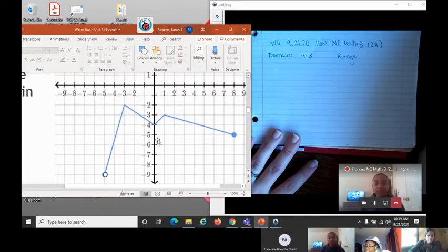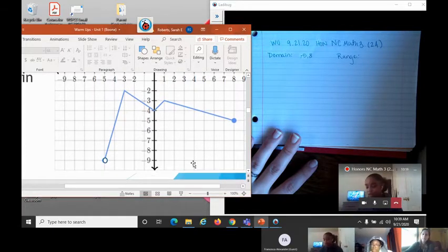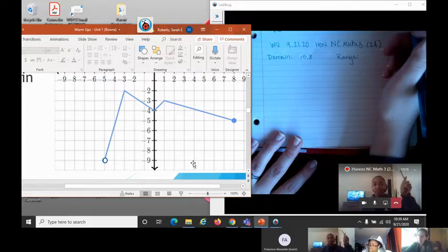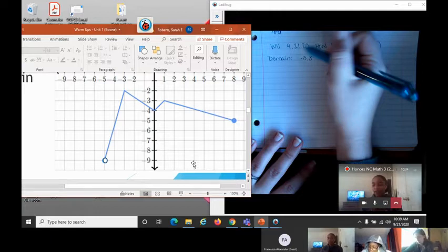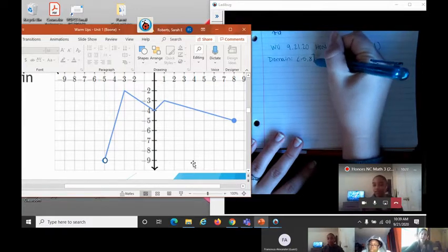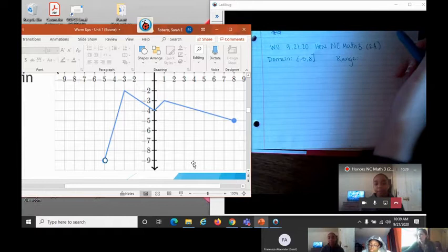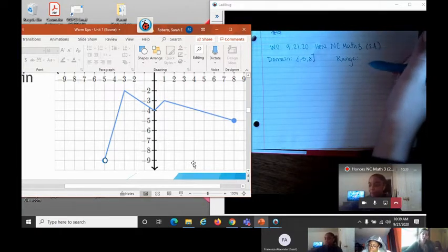You're gonna put parentheses next to the 5 and a square bracket next to the 8. Beautiful, perfect. All right, and then either Tanaya or Francesca, if you'll do the range.